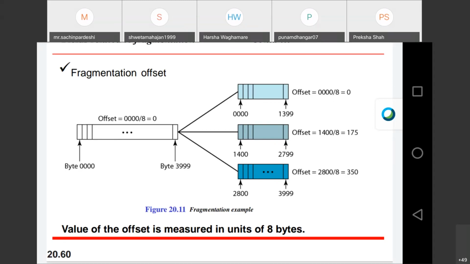In the third part, the sequence number is 2800, again which is divided by 8, you will get the offset value that is 350. So here you have to remember how to calculate the offset value. And by this offset value only, the receiver computer can identify the first part, second part, third part, and can easily combine them together.